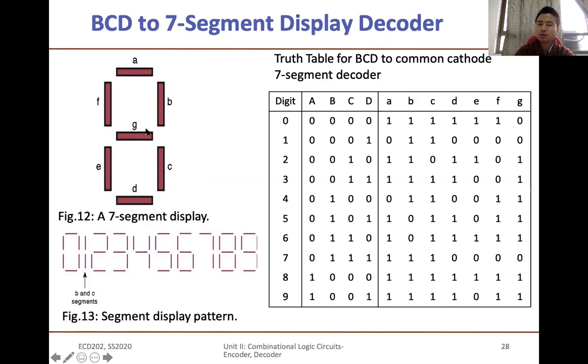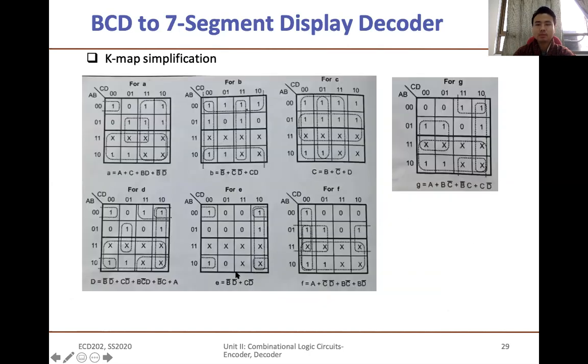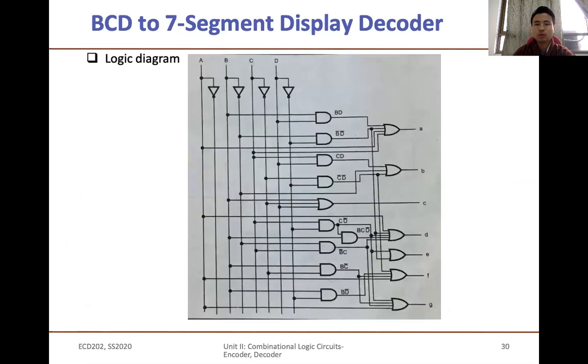So therefore you can display 9. This is the K-map simplification that is done for the output, and this is the logic diagram for the BCD to 7-segment display decoder. What is important here is to understand how the conversion is taking place.